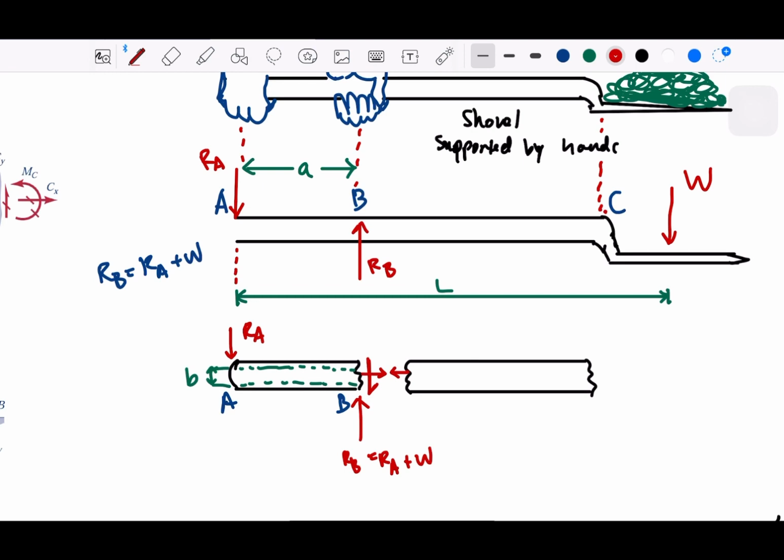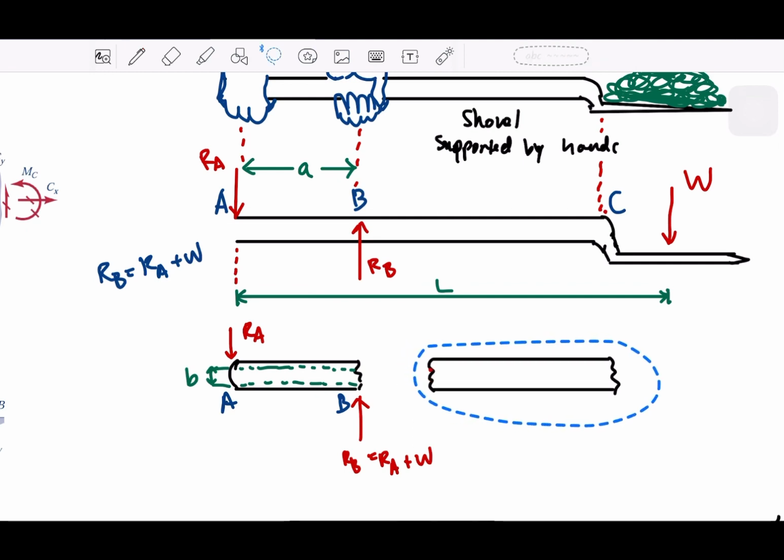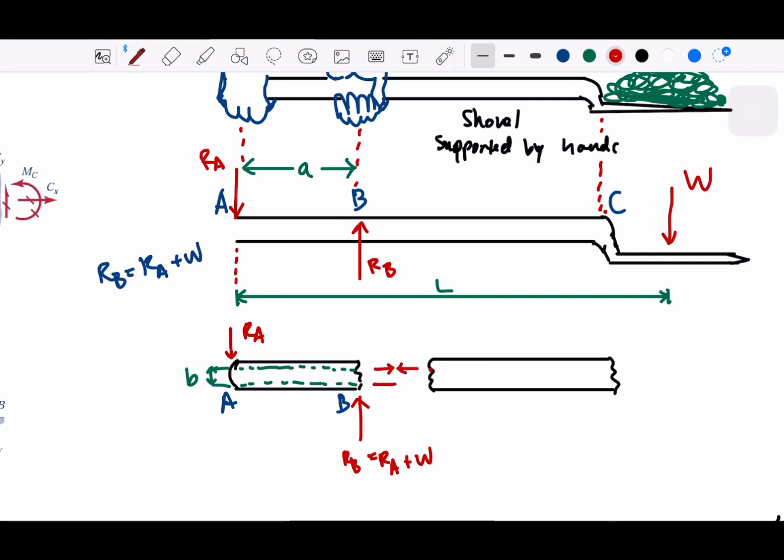Maybe let me write clearly, maybe let me make a little bit of a gap, so we can have that way or that way.